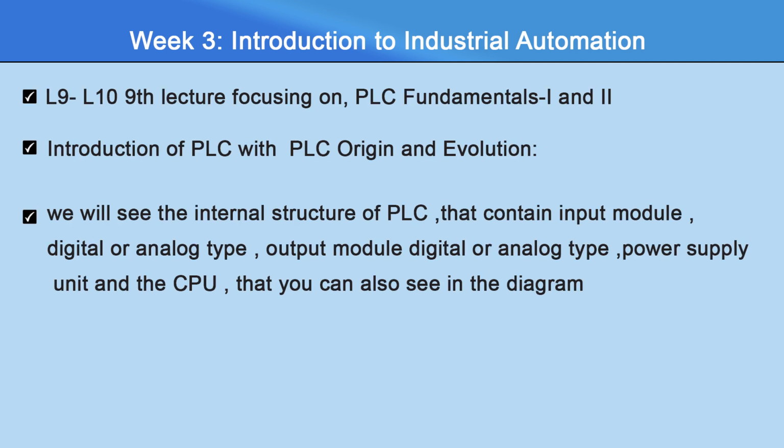In lecture 9, ma'am will cover the PLC fundamentals, that is the introduction of PLC with PLC origin and evolution, and we will see the internal structure of PLC that contains input module, digital or analog type, output module, digital or analog type, power supply unit and the CPU.